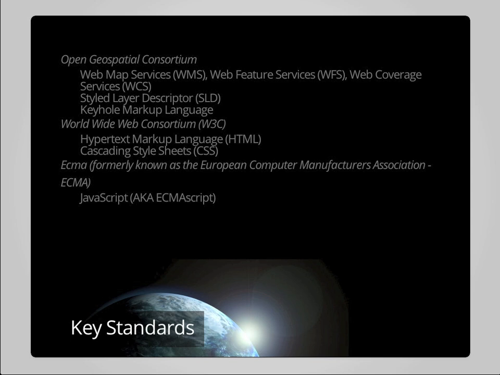As a complement to the structural information that you can define in hypertext markup language, you can also then define the presentation or styling of that structural information using cascading style sheets, or CSS, another standard that has come out of the World Wide Web Consortium, and another standard that really is the core standard for defining how features within web pages should be represented, both in terms of the basic information about colors, fonts, but also in terms of position and visibility.